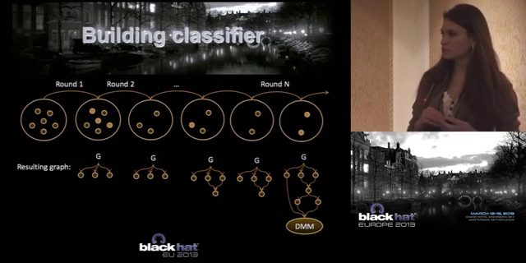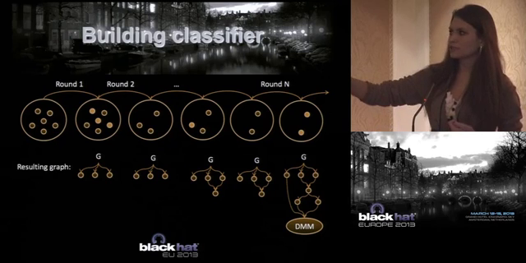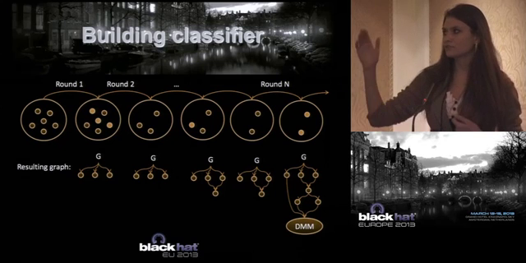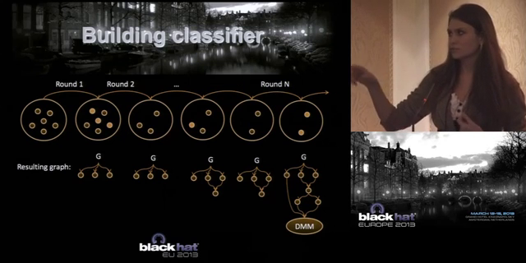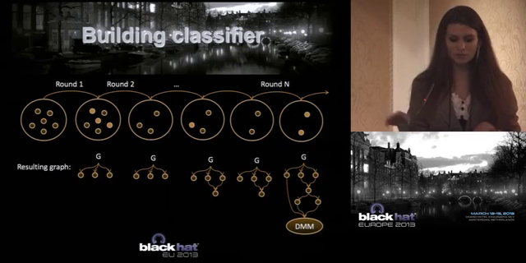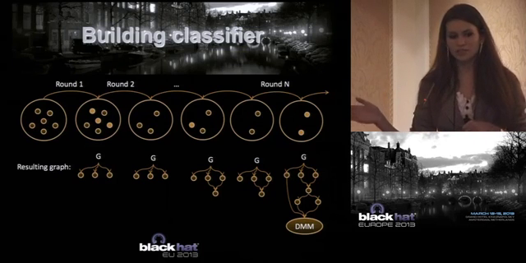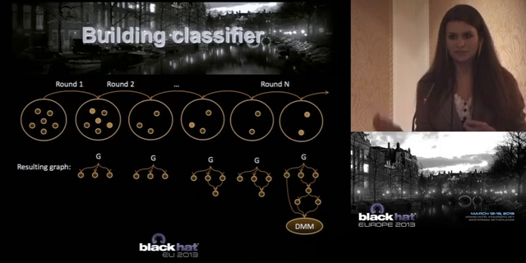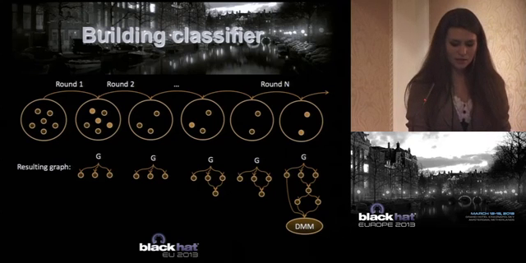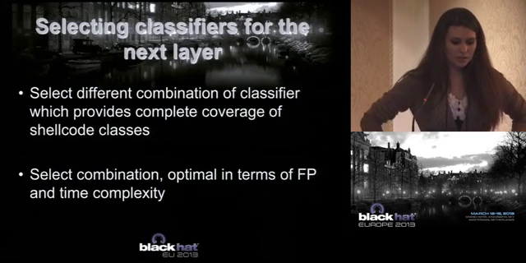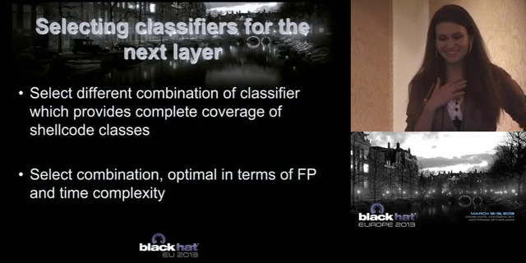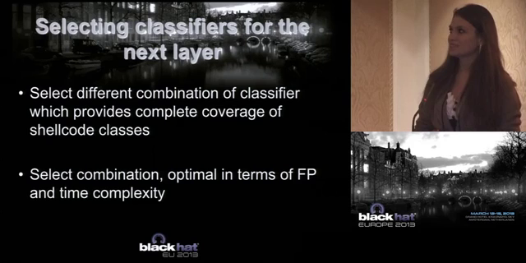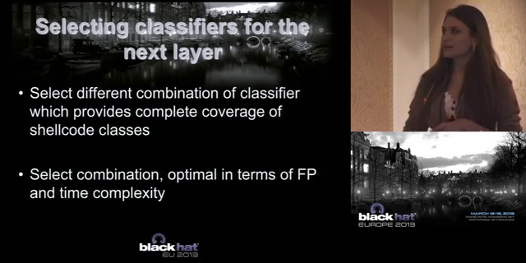In the next step, we link the new level with the rest of the graph, remove the new level's classifiers from the entire set, and repeat that step as long as we have some elementary classifiers from which we can construct the next level.